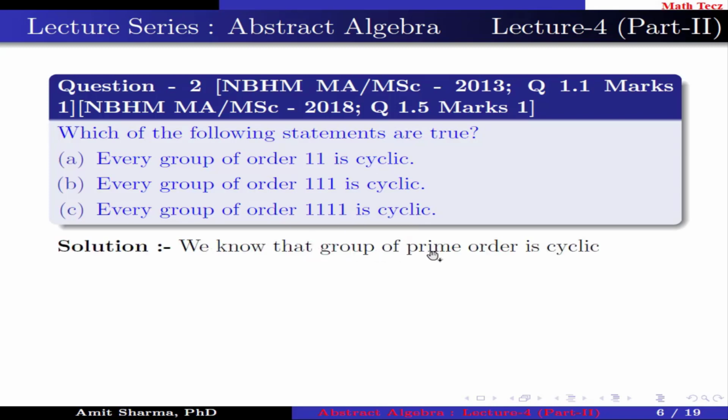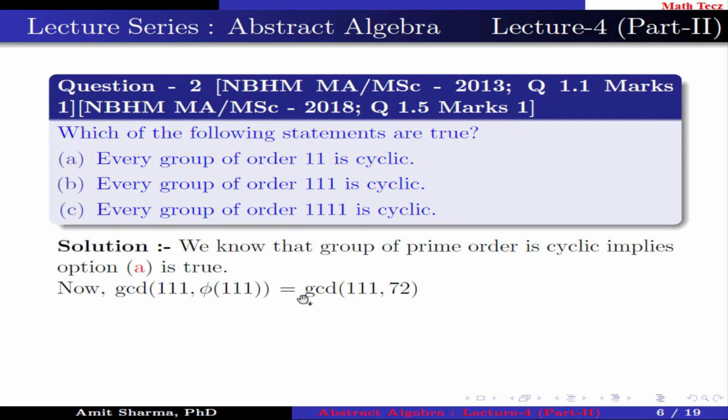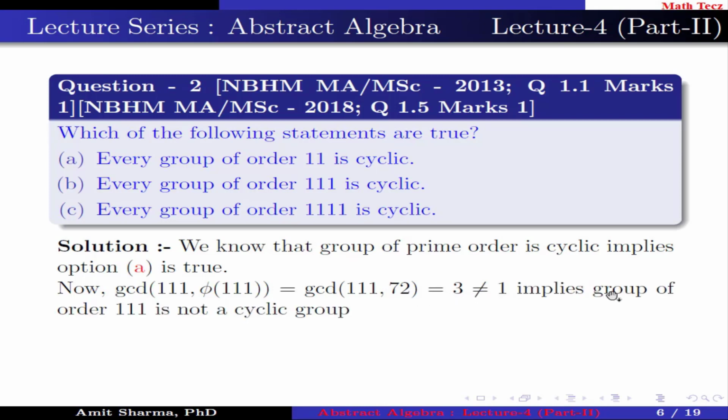We know that a group of prime order is cyclic, implies option A is true. Now GCD of 111, phi of 111 equals GCD of 111, 72, which is equal to 3 and which is not equal to 1, implies a group of order 111 is not a cyclic group, implies option B is not true.